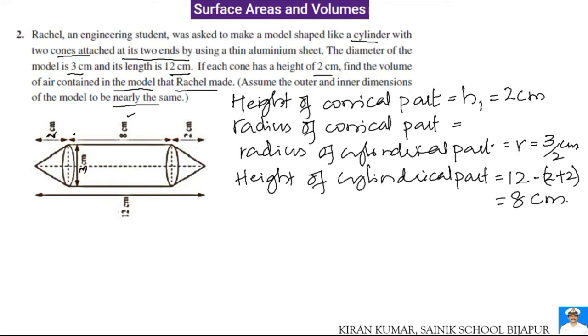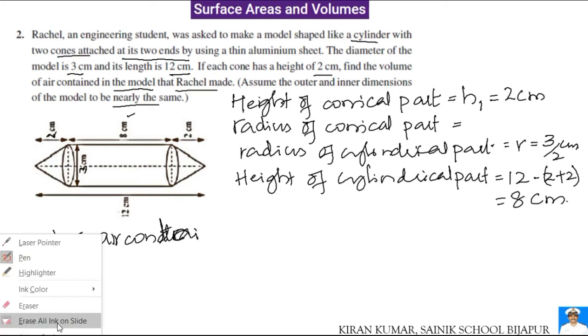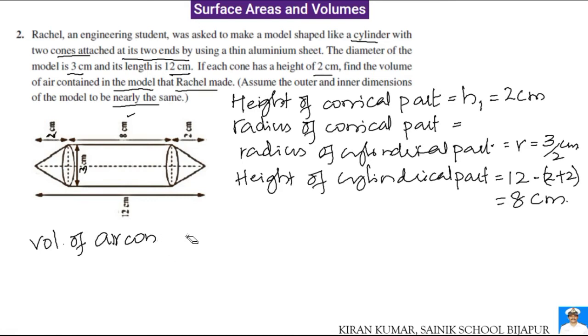So I need to find out the volume of the air contained in the model. So it's a volume which is equal to volume of the air contained. It's not conditioned, it is contained.